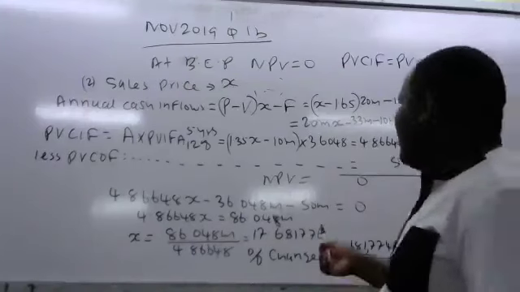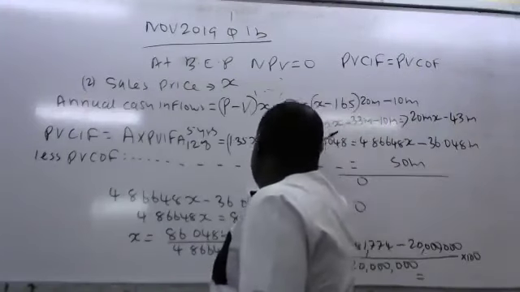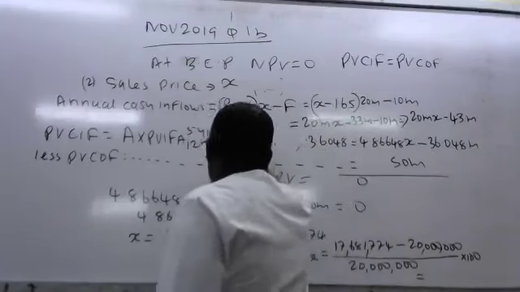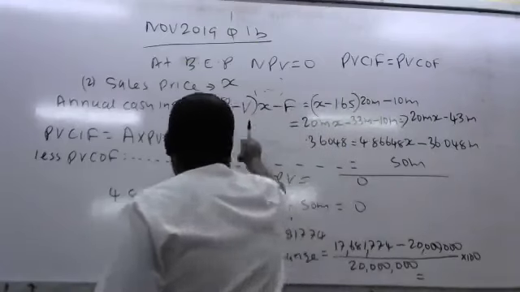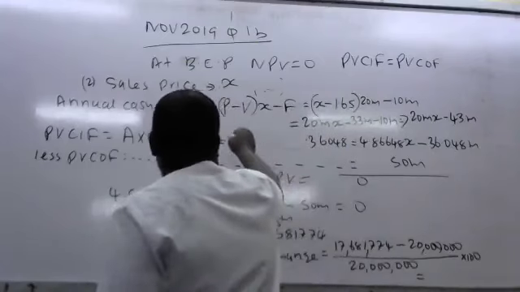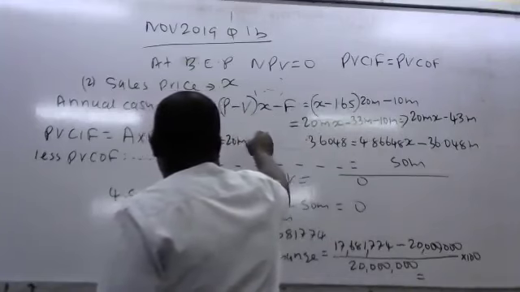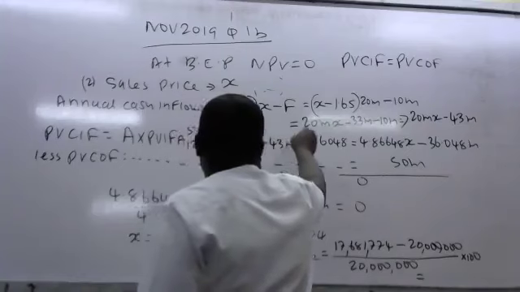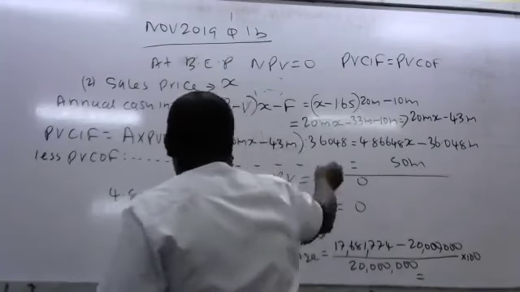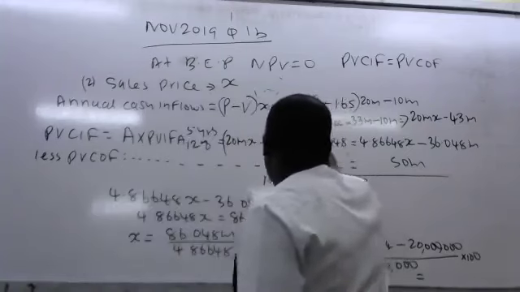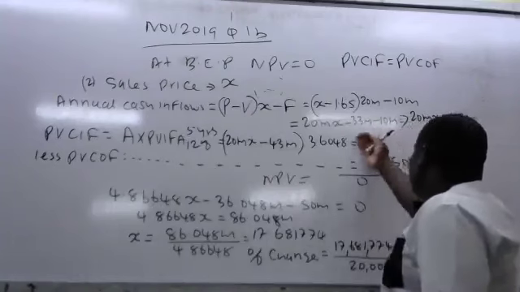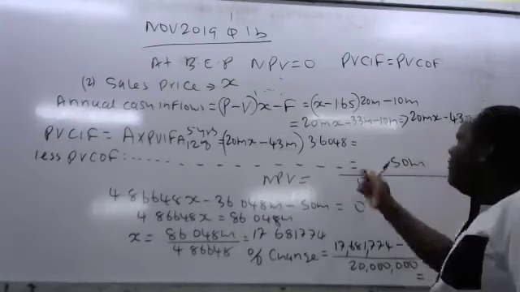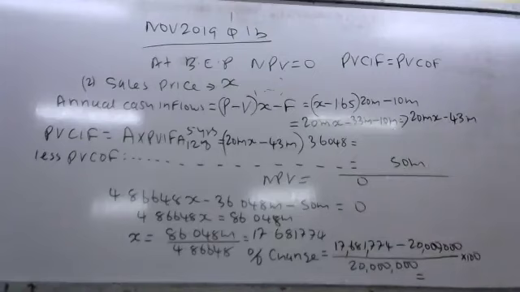It now comes to affect at this point, whereby it will now be 20 millions X minus 43 millions. Then this one is not changing, so that we get the new annual cash flows at that point.